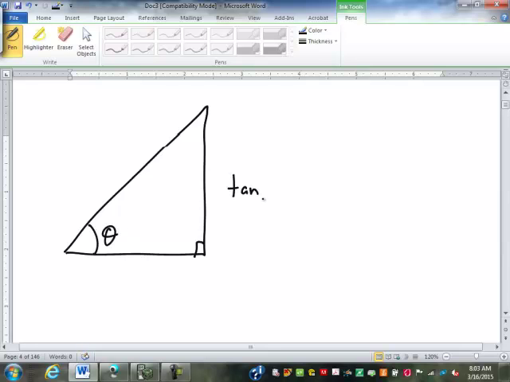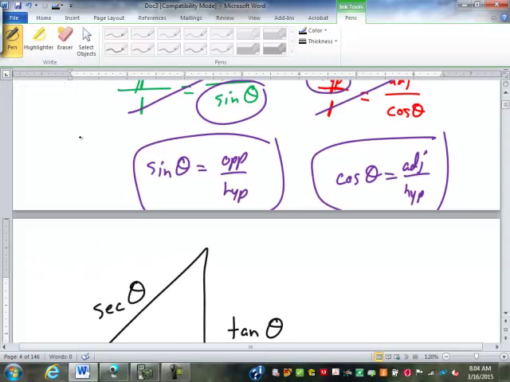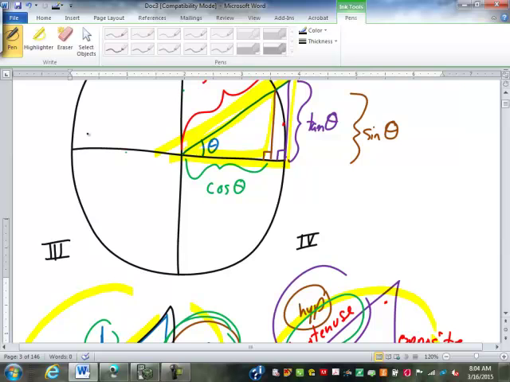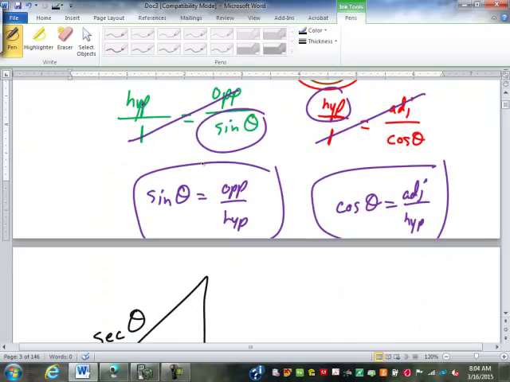This is theta again. This is the tangent of theta out here. This, if you recall from the circle, was the secant of the angle. What's the length of this part right here? 1. That is a radius. If we go back up here, that's this piece right here, which is a radius of that circle. So it has a length of 1.